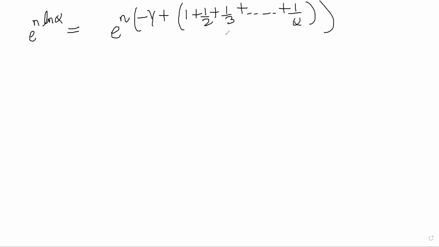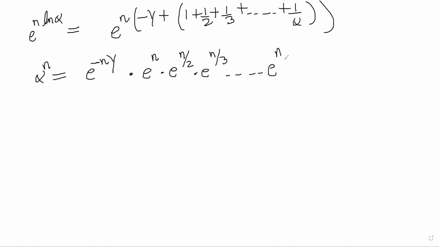And this is when alpha tends to infinity, right? So therefore alpha power n becomes e power minus n gamma multiplied by e power n multiplied by e power n by 2 multiplied by e power n by 3 and so on till e power n by alpha, right? If you take all the powers and add up all the powers, you'll get the top expression, right?